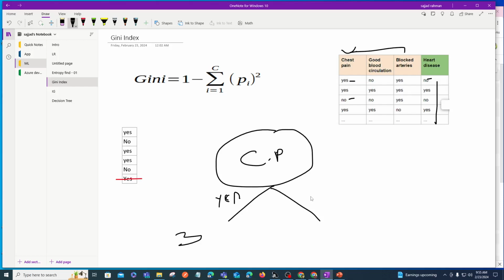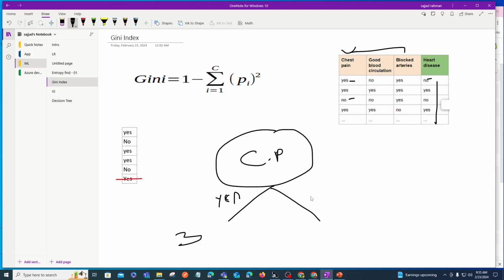But whenever it is yes, there are 2 yes, 1 no values.